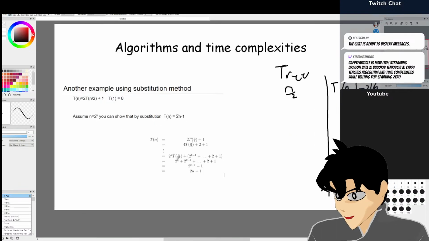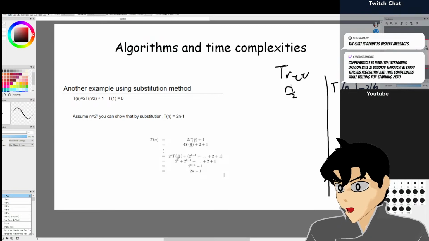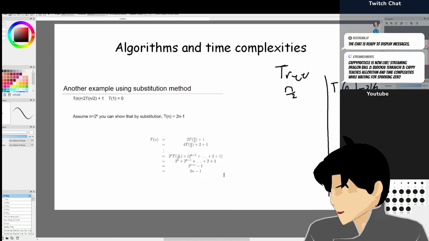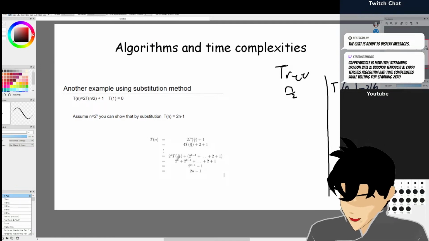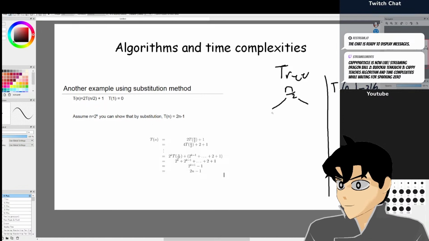Actually garbage. Okay. So, when you're doing recursion trees, I did not think of this instinctively. 2t is what you use to branch. That's how you know. So it starts 1 level, 2 level, 3 level.